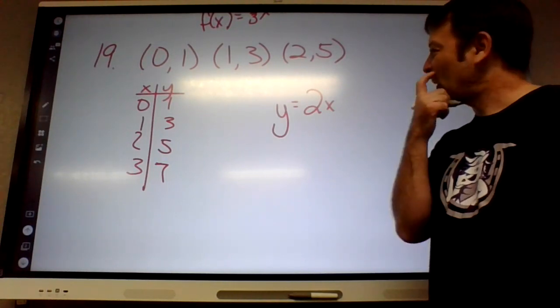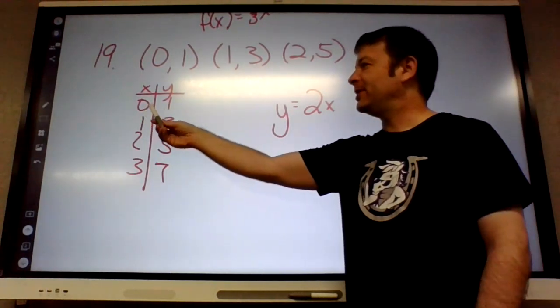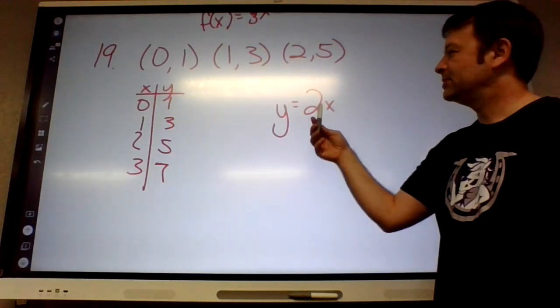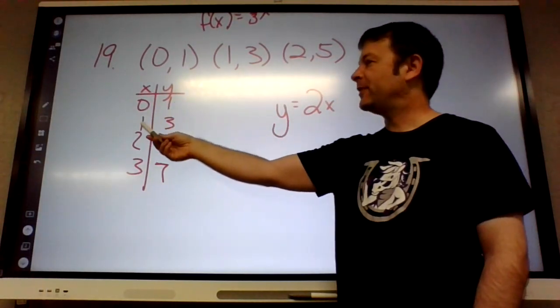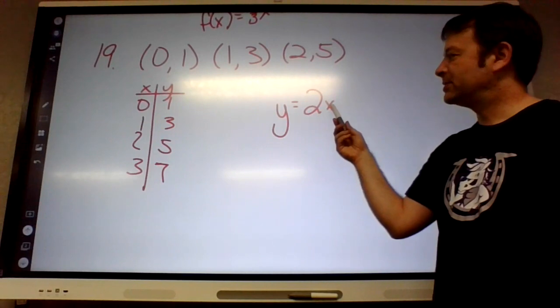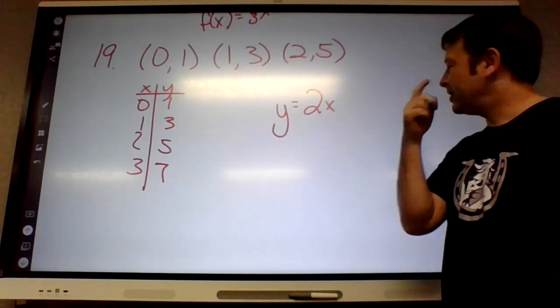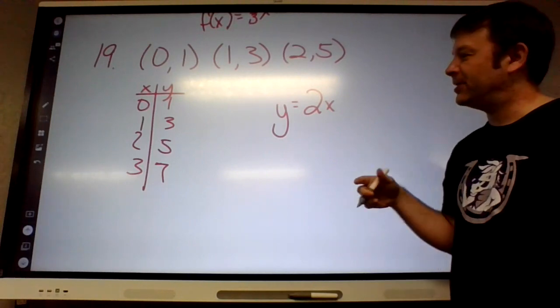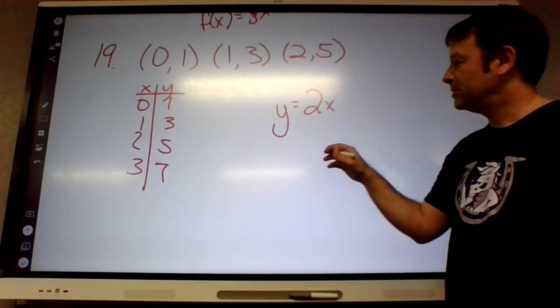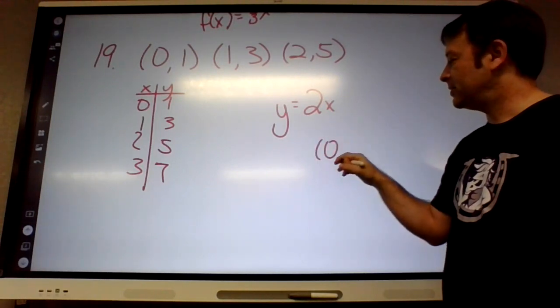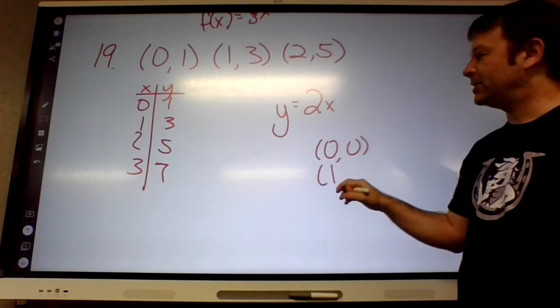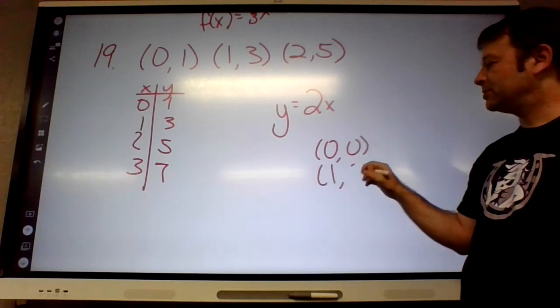However, if you plug the x value in right here, like 0, does that give me 1? Or if I plug in 1, does that give me 3? No. If I plug in 0, it gives me 0. And if I plug in 1, it gives me 2.